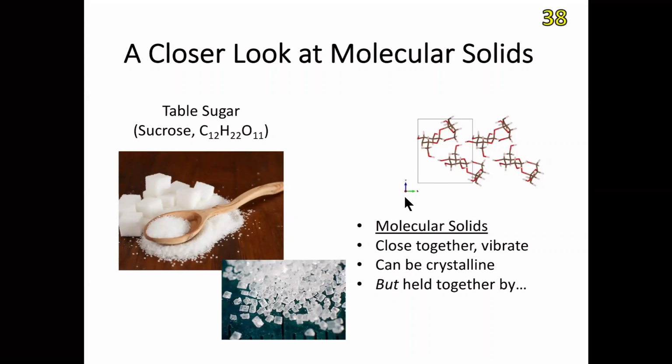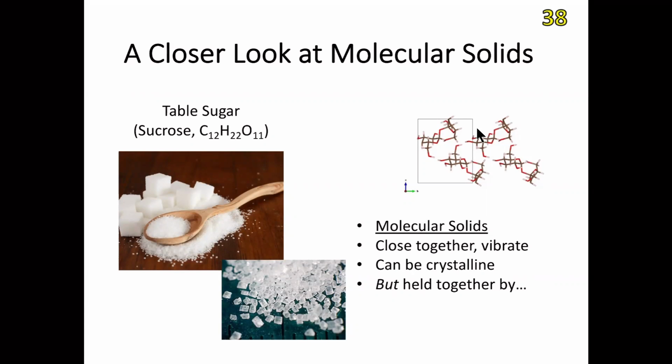So we call these molecular solids because they're made of molecules rather than ions. And they're close enough together that they retain the solid organized phase that we can see on a larger scale as crystalline.